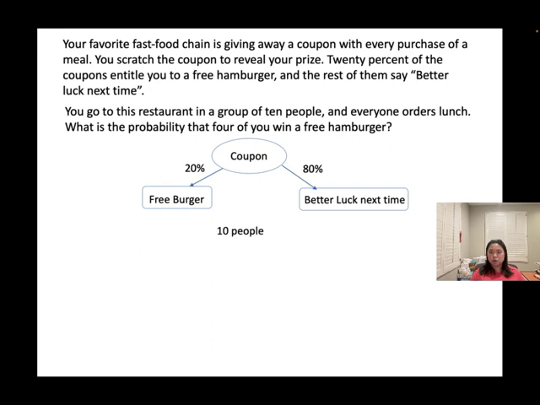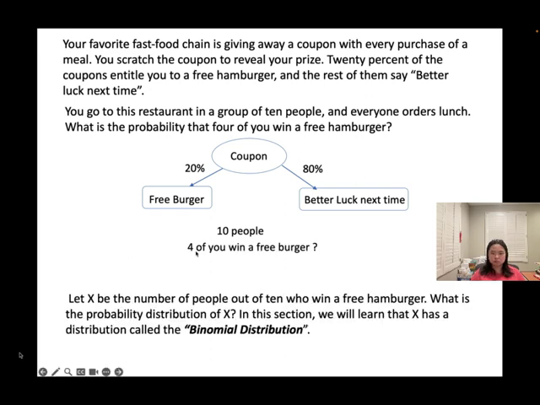So now I want to know, out of these 10 people, I want 4 of them to get the free burger. Let X be the number of people out of 10 who win a free burger. So X represents 4 in here, because this is what we're looking for, right? 4 of them get the free burger. What is the probability distribution of X?